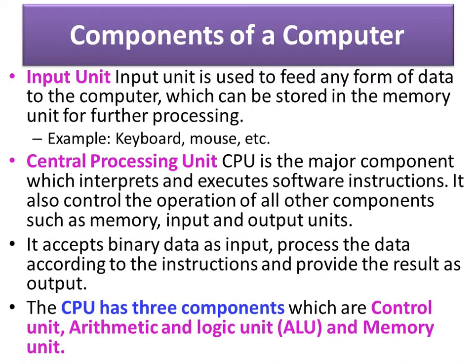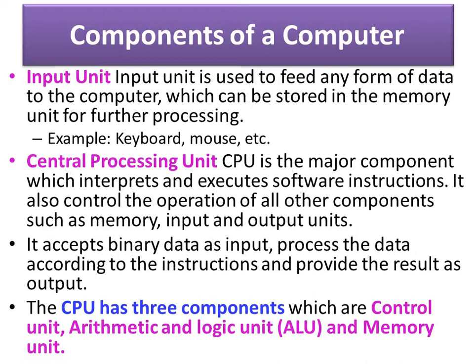It has to translate it into the hardware language and execute the software instruction. Whatever instructions are given in the form of programs, the CPU has to decode them and make the hardware do it. It also controls the operations of all other components such as the memory, input and output units.